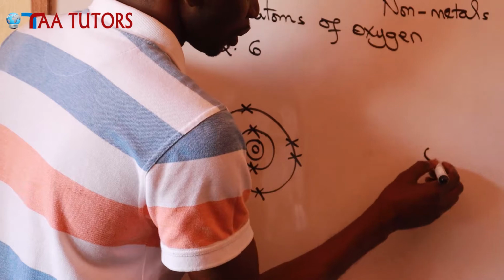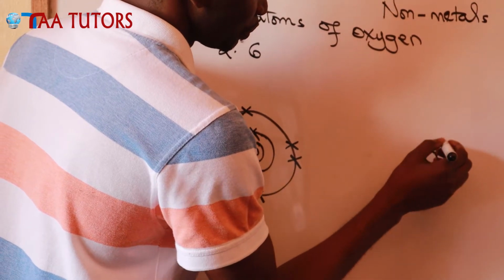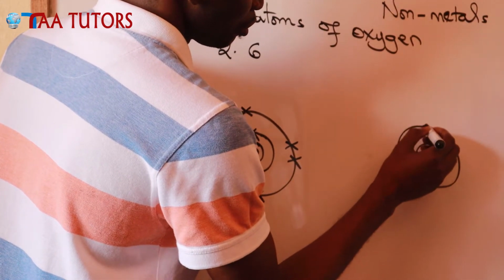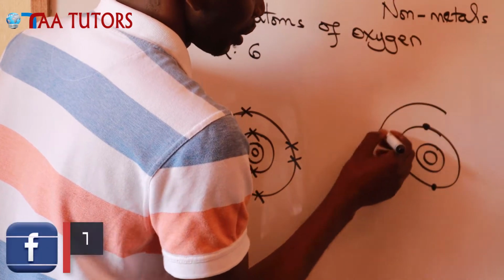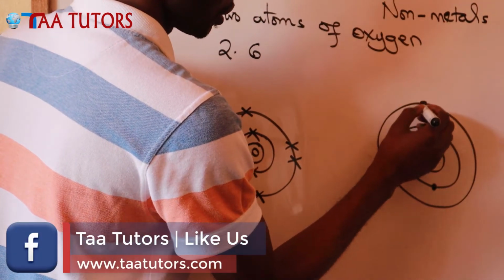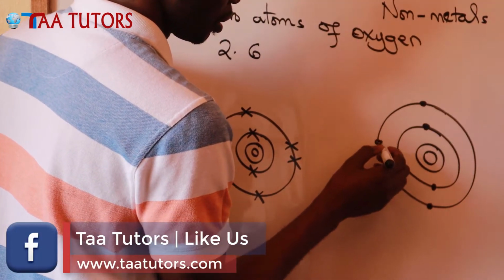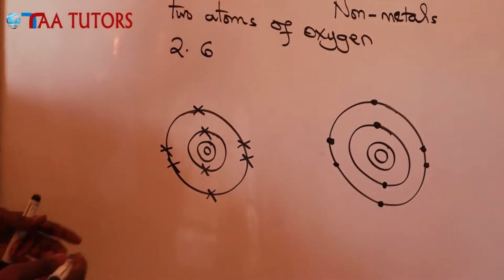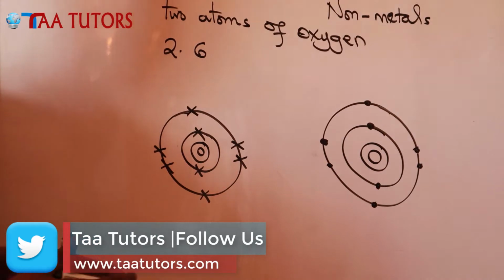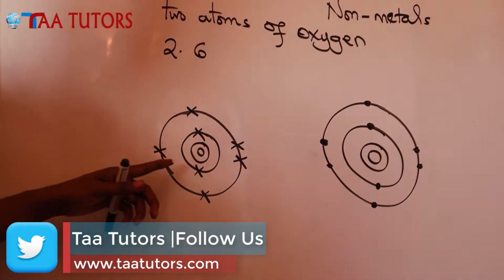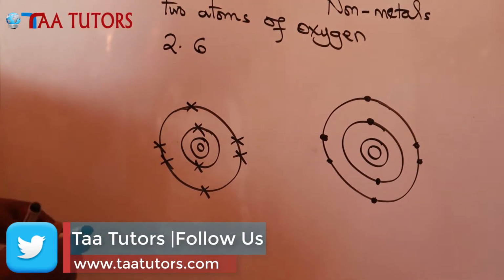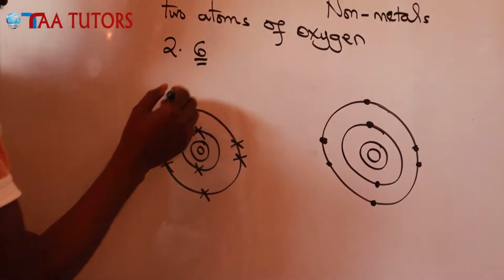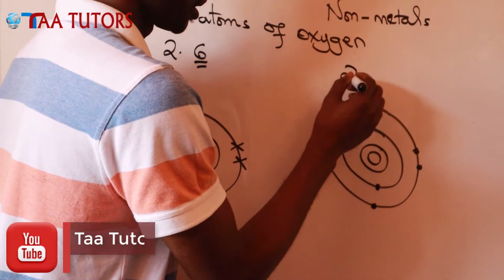If I talk about the other oxygen atom, let me use dots for its electrons. So these are two atoms of oxygen, and then we put them together. This atom has 6 electrons in the outer energy shell, and the other atom also has 6.